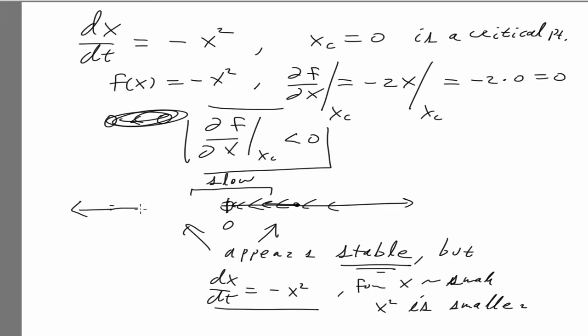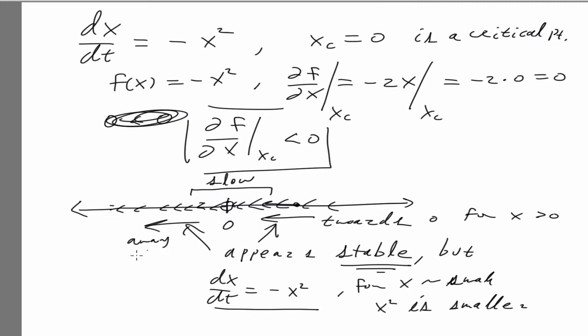The phase diagram actually goes negative everywhere. So what we get is it goes towards 0 for x greater than 0, but it goes away for x less than 0.